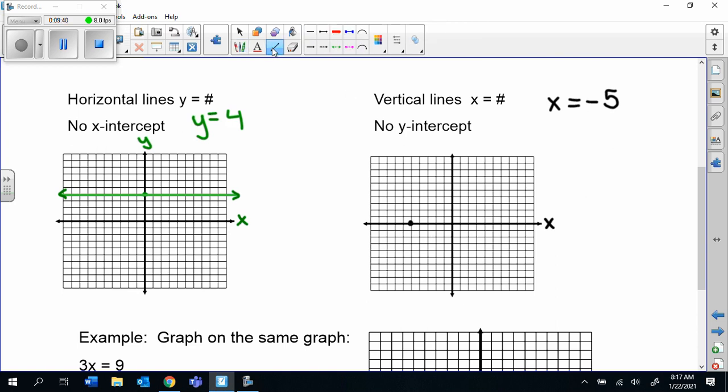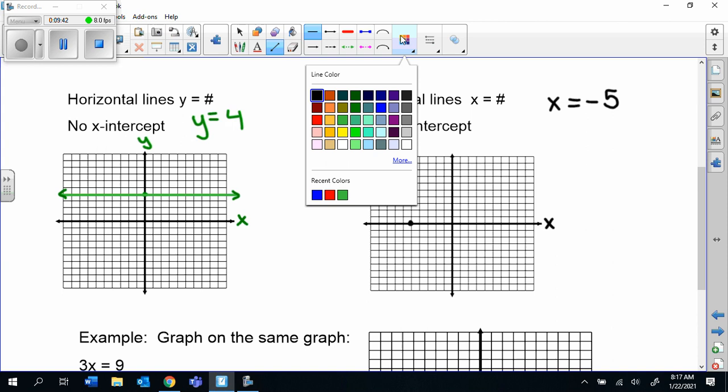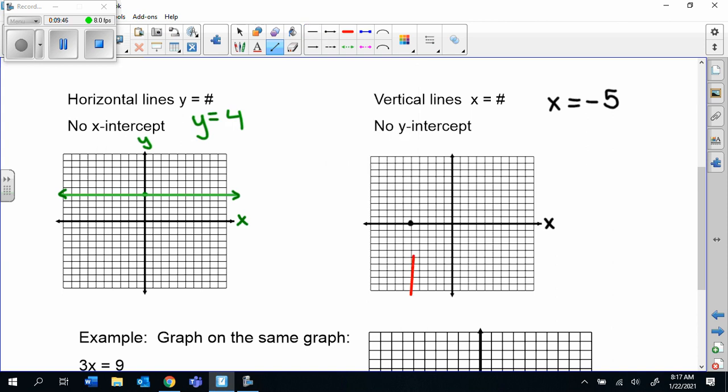It is not just a dot. I just needed that as a reference point. It is a vertical line through -5. Notice how there is no y-intercept on a vertical line because it is parallel to the y-axis.